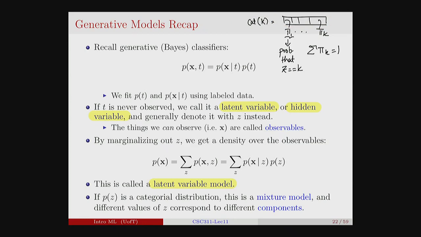Each element, pi 1 all the way to pi k, is a number between 0 and 1, and the summation of all the pi k's equals 1. Each number represents the probability that the random variable lies in element k of this categorical distribution. That's how you would interpret the parameters of a categorical probability distribution.